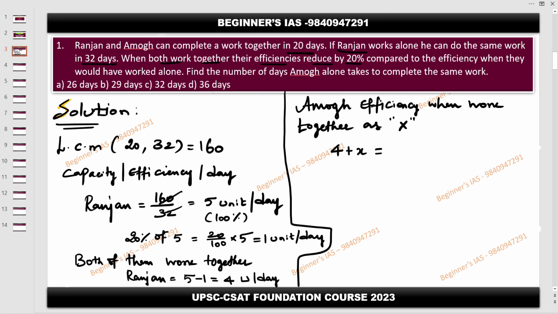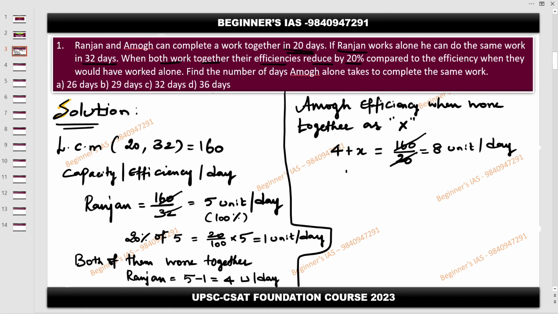This is equal to 160, the total work, divided by 20, since they complete the work together in 20 days. So cancel this, and it becomes 8 units per day.